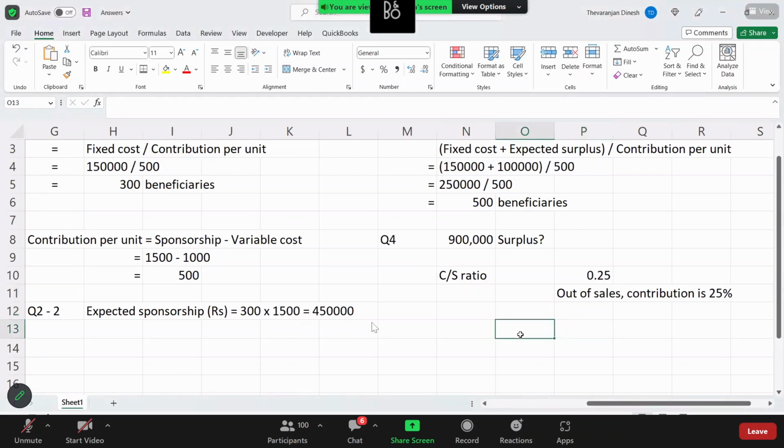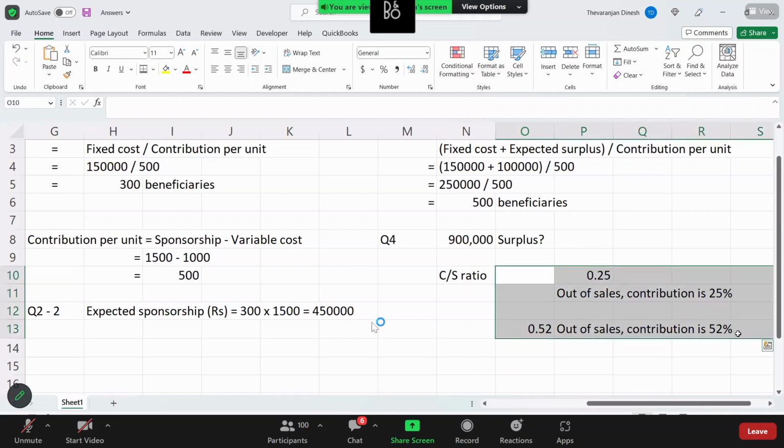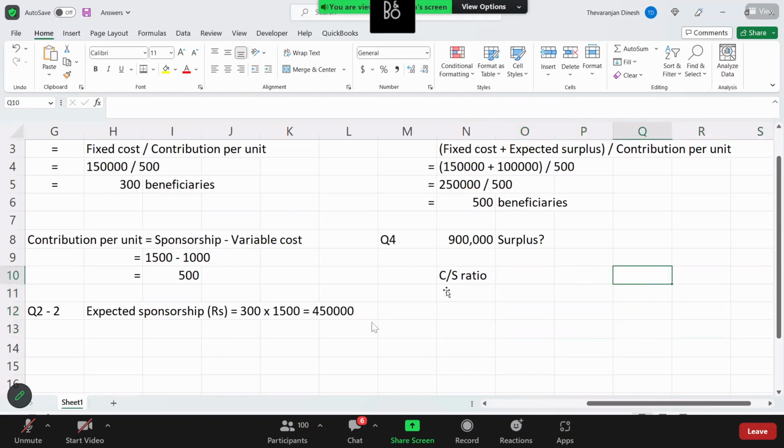If the CS ratio is 0.52, that means out of sales, contribution is 52%. That is the CS ratio interpretation. How can we calculate it? C divided by S, contribution divided by sales.